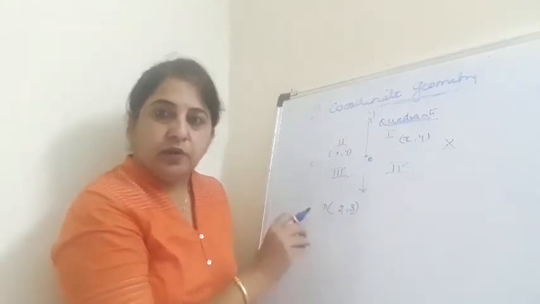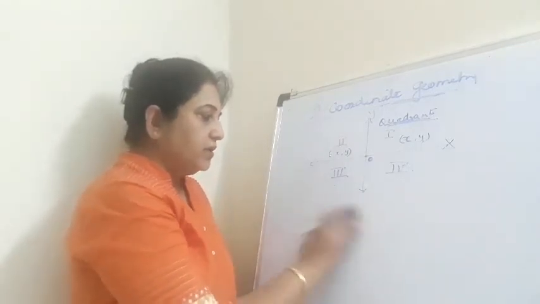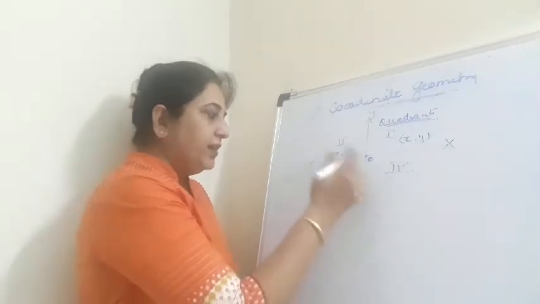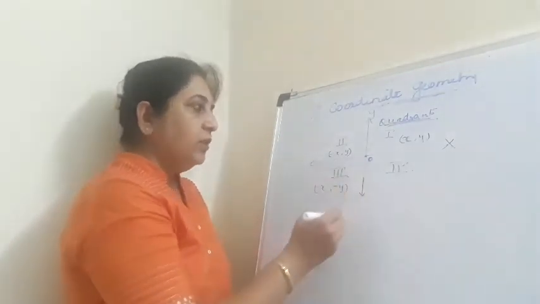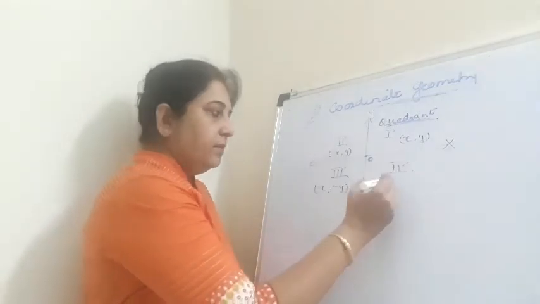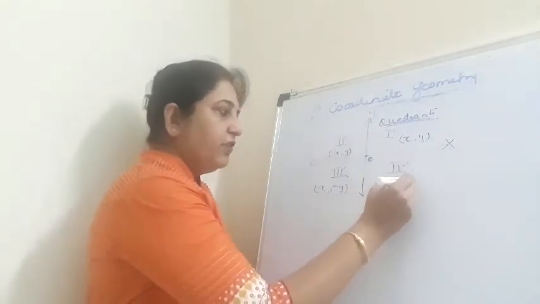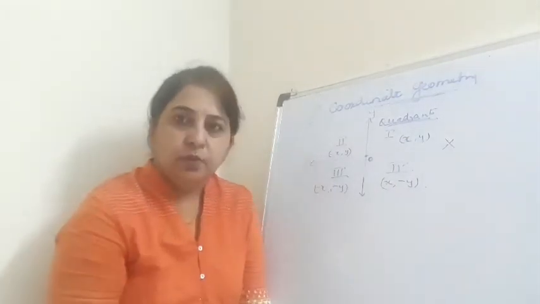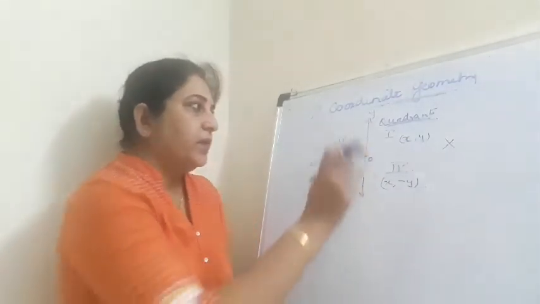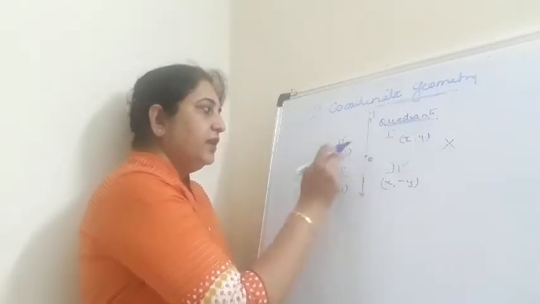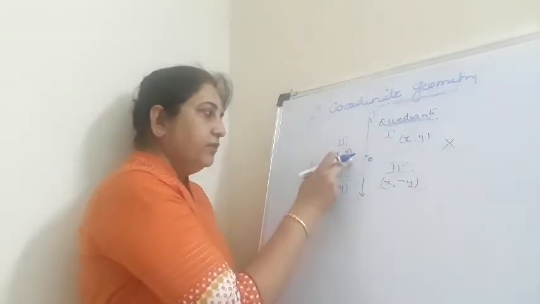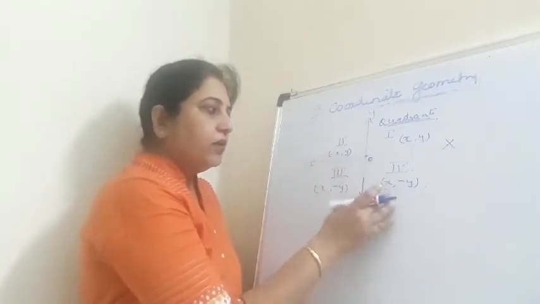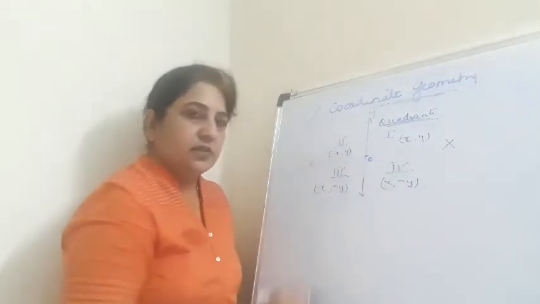In the third quadrant, both x and y will be negative, and why that will be negative, I'll explain that also. And in the fourth quadrant, x will be positive and y will be negative. So you will write all this in your notebook and learn these points: first quadrant both positive, second x negative and y positive, third both negative, and fourth x positive and y negative.